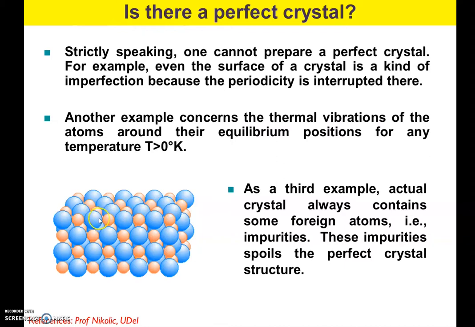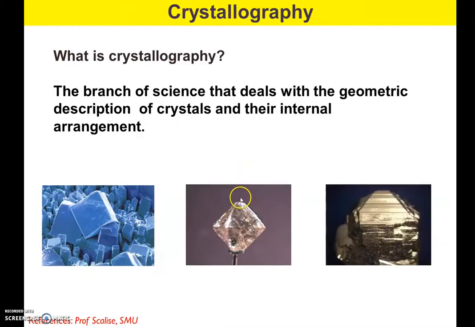And moreover, most crystals in nature have some impurities, and of course there are thermal vibrations that might create movement of the atoms. So there are cases in which you don't actually find the perfect crystal in nature. So I just want you to keep that in mind.